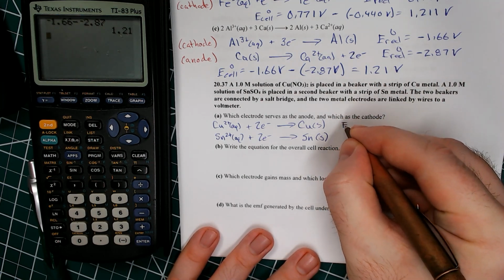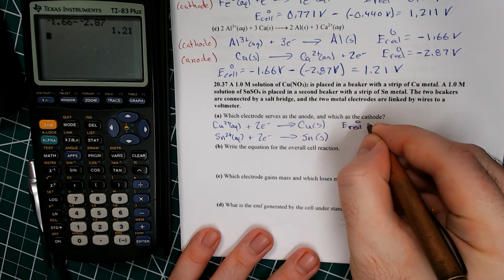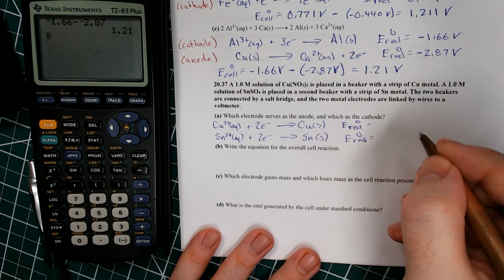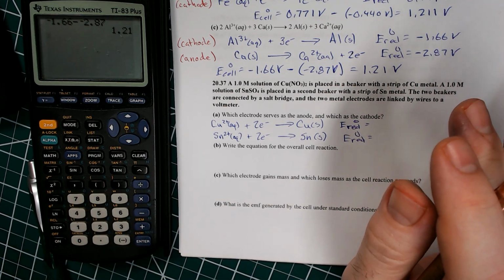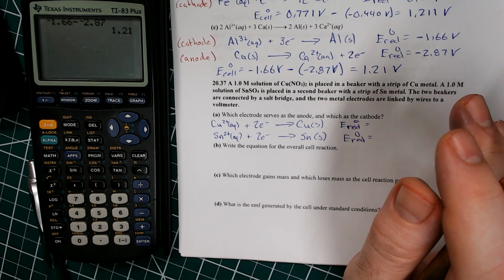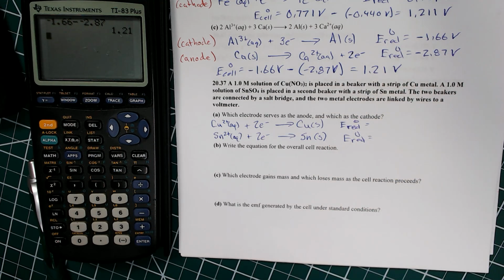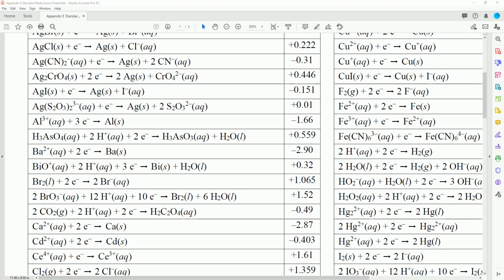So I'm going to write down here E reduction standard, and we're going to look those values up in Appendix E. All right, so we'll start with copper. Let's see, there's copper right there.